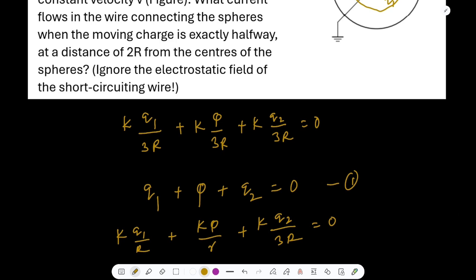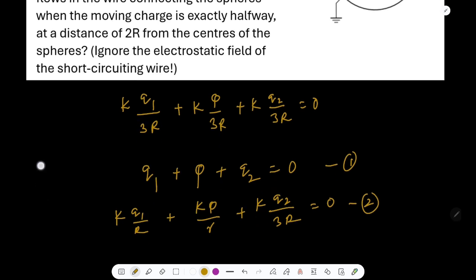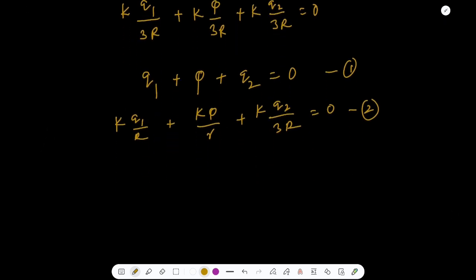Now, using these two equations 1 and 2, we can find q1, and q1 will come in terms of radius small r like 3r by 2r minus half q. This is q1.